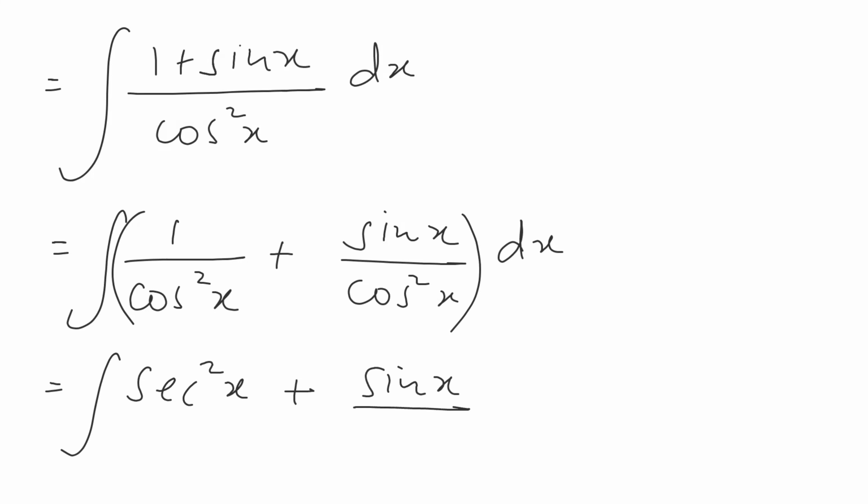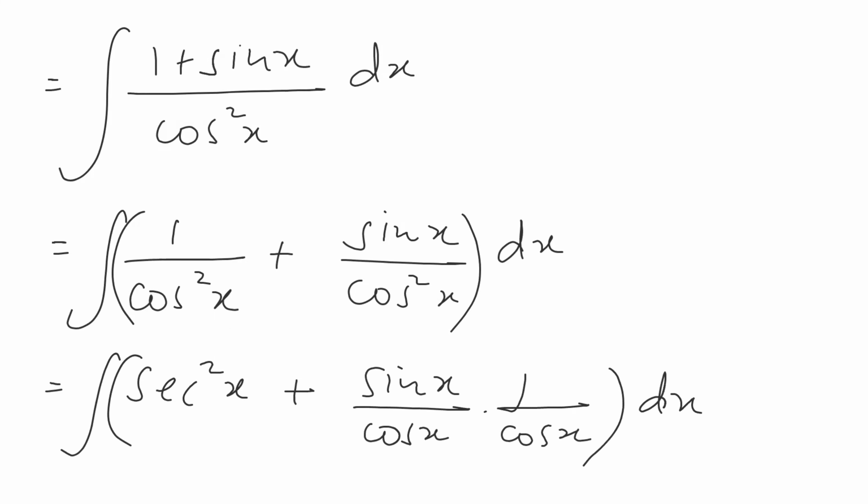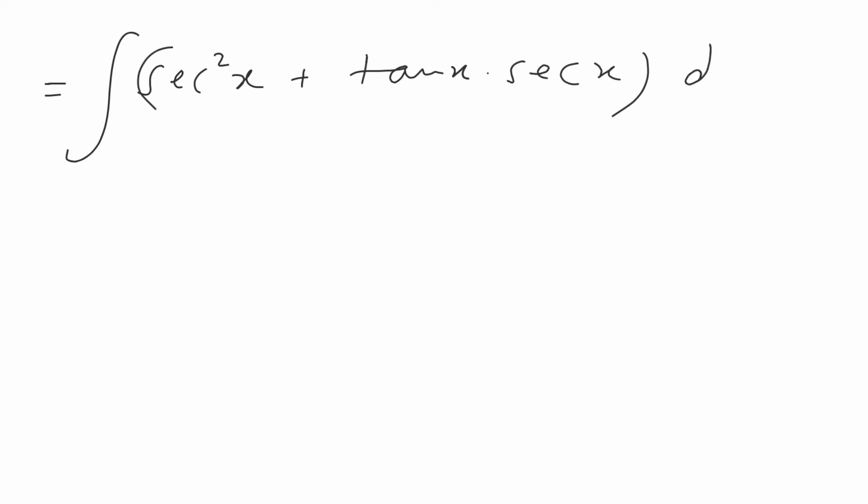Now we have to write this in a specific format. Cos square x I have split into two parts, cos x and cos x. So the first part will become tan x, and the second part 1 upon cos x will become sec x. The blue colored part will become tan x, and the red colored part will become sec x. So this has to be integration of sec square x plus tan x into sec x dx.